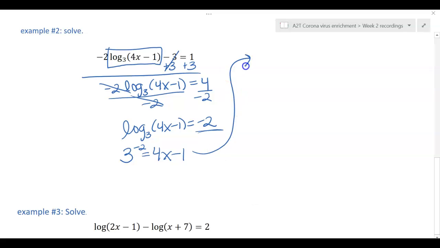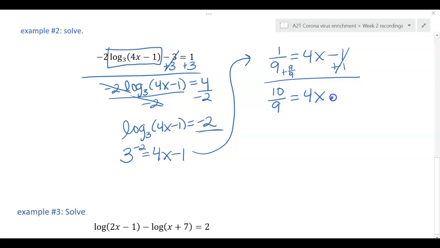So if I'm going to continue solving this, it's important that I understand that 3 to the -2 power is 1/9. And then if I add 1 to both sides, you might want to think of 1 as 9/9. I would get 10/9 equals 4x. And I want to divide by 4 or multiply by 1/4 to isolate x.